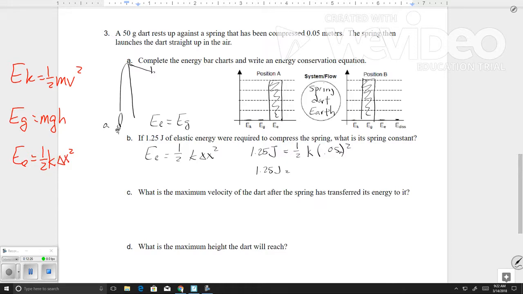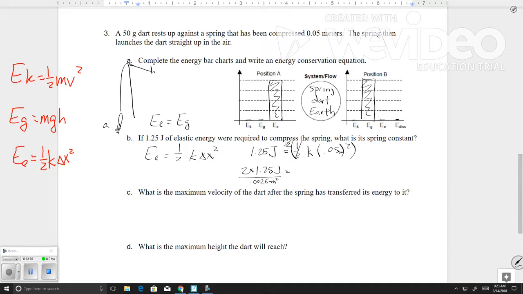And what we'll do then is we can take the half times 0.0025, or we can just leave them together and transfer them both over to the other side. So what I'm going to do is take this quantity times 2. That will get rid of the half. So this and this will cancel out. And then I'm going to divide both sides by 0.0025 meters.